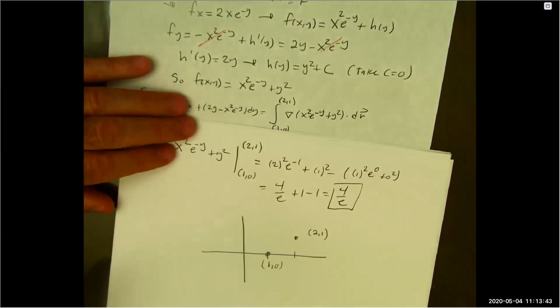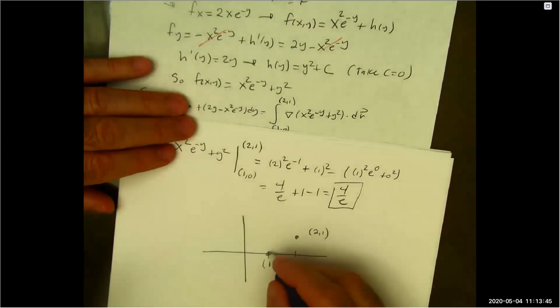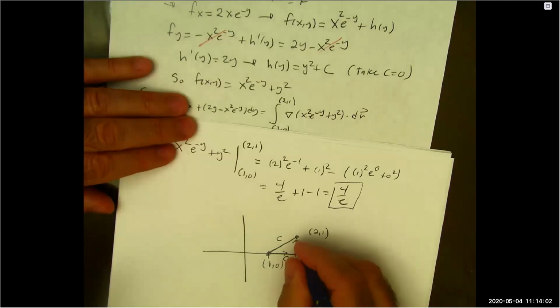And so there's lots of different paths that I could pick. I could pick one like that that goes like that. So I could let that be a path. Or I could maybe have a path like C1 that goes to (2, 0), and then another path, C2, that goes straight up.